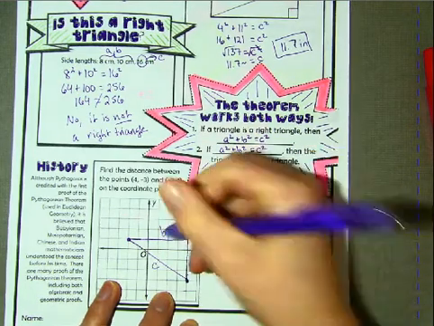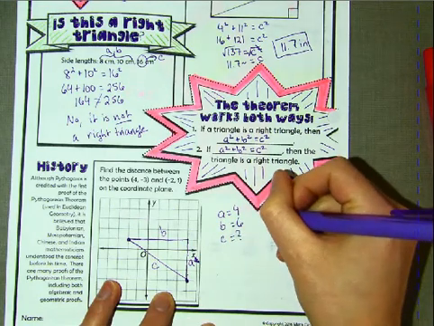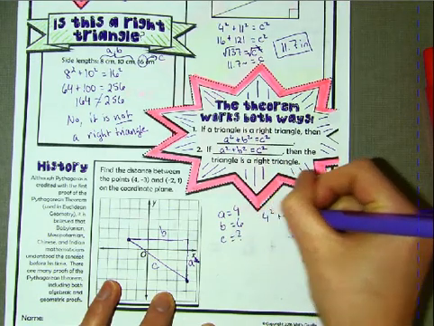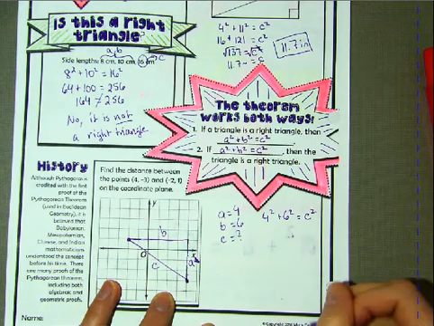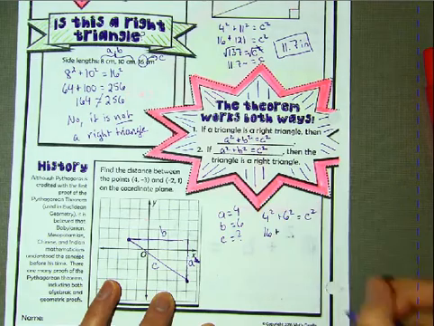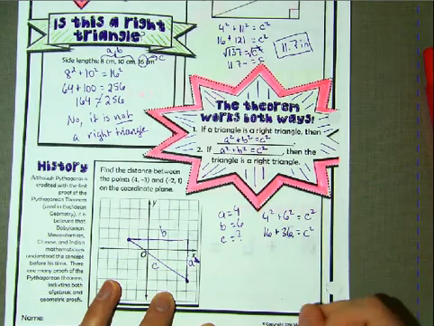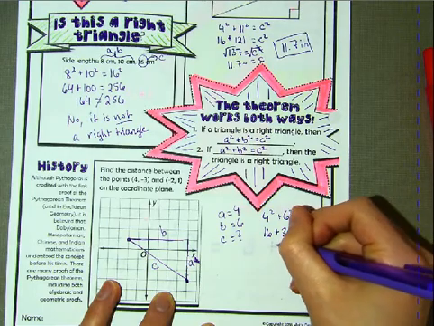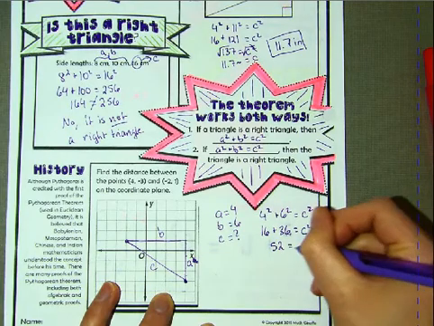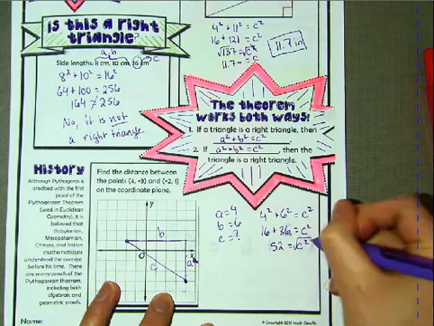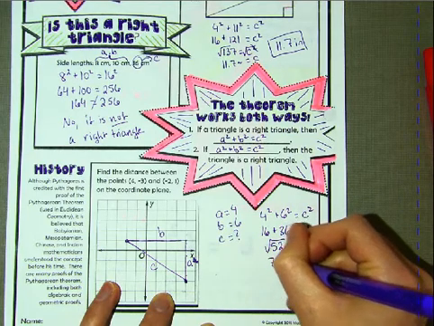And C, it's kind of difficult to count, so let's use the Pythagorean theorem. We have 4 squared plus 6 squared equals C squared. 4 squared is 16. 6 squared is 36. And then 16 plus 36 is 52. We take the square root of both sides. The square root of 52 is about 7.2.